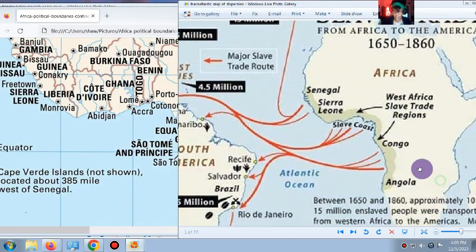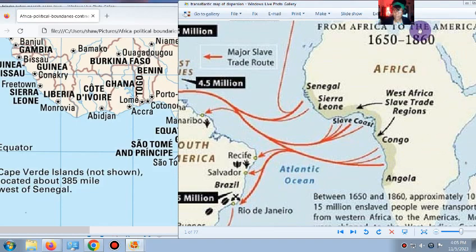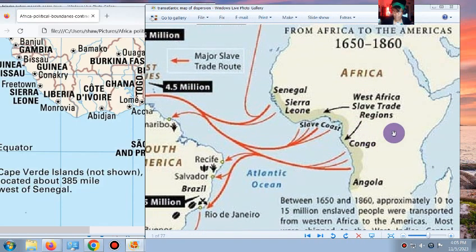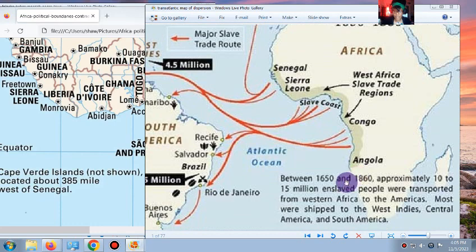And it says in the notes here, between 1650 and 1860, approximately 10 to 15 million enslaved people were transported from Western Africa to the Americas. Let's say Hebrews. I'm going to prove to you there were Hebrews. According to another map, West Africa was a study area.